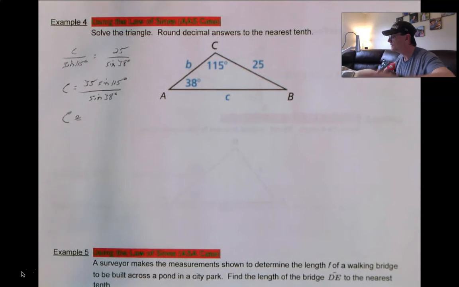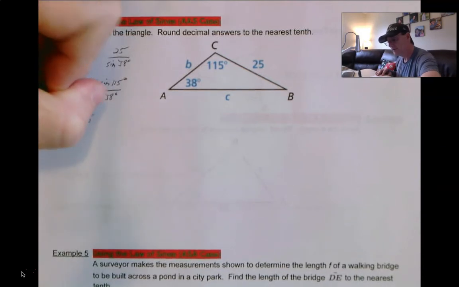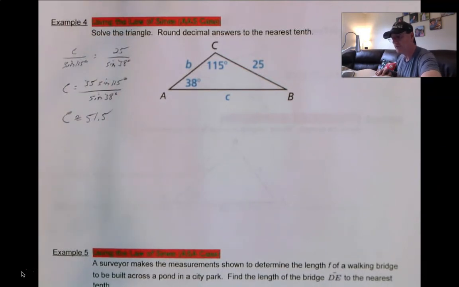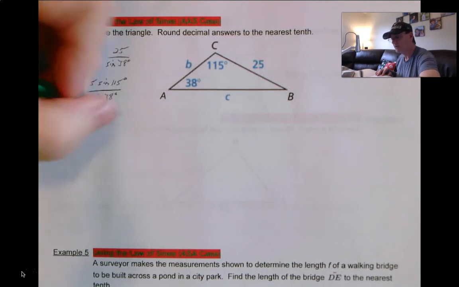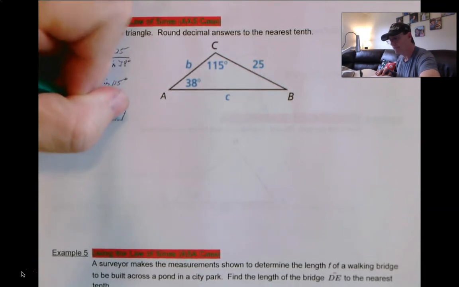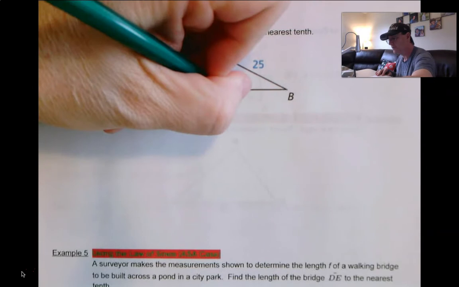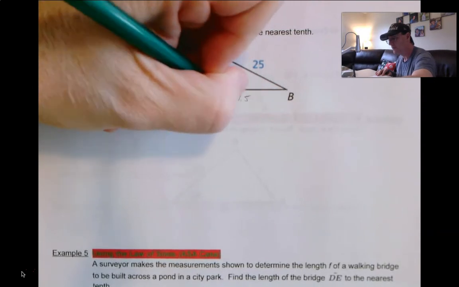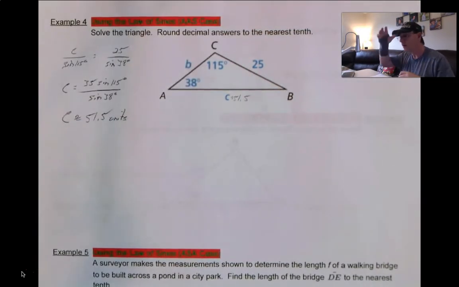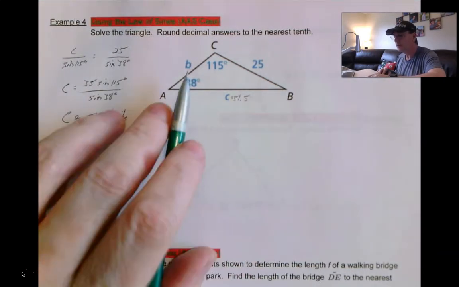It equals, and I've got approximately 51.5 for my value of C units. So now we want to find angle B and little b.